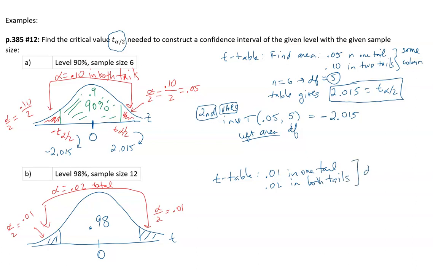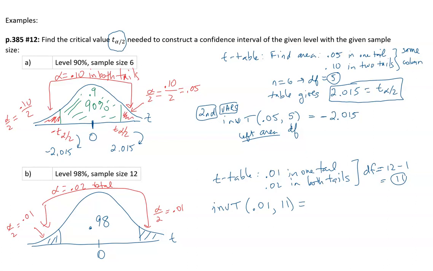And then the degrees of freedom is 1 less than the sample size, 12 minus 1, is equal to 11. All right, so the degrees of freedom 11, look up the area. In the meantime, those of us using the calculator, inverse norm, bad. Inverse T of that left area, 0.01, degrees of freedom 11.